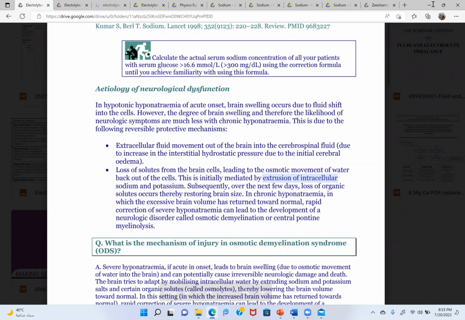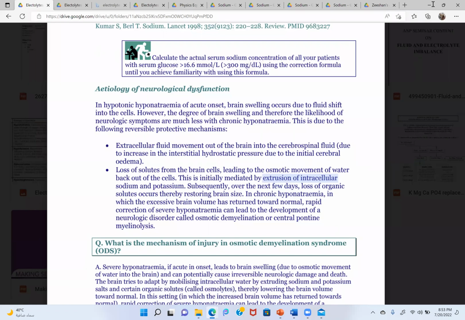However, the degree of brain swelling and therefore the likelihood of neurological symptoms are much less with chronic hyponatremia, because there are adaptive mechanisms. How are they adapting? Extracellular fluid movement out of the brain into the CSF due to increase in interstitial hydrostatic pressure due to the initial cerebral edema.